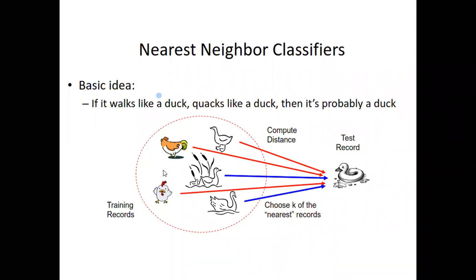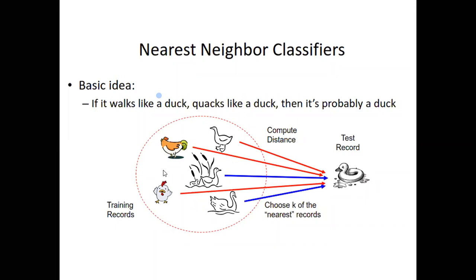K nearest neighbor means my new data I will compare with the k values. Assume that it is 3 or 5. Among the 5, to whichever it is closest, I will assign it to that particular class. So in this diagram, it's a 5 nearest neighbor classifier.